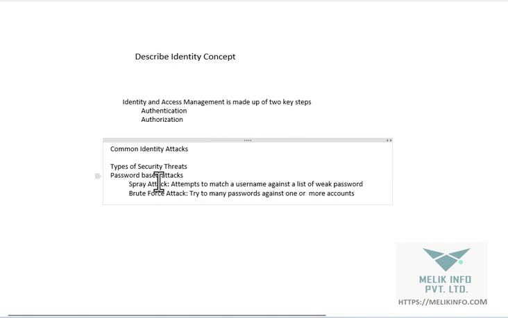We have password based attacks. Password based attacks can be a spray attack or a brute force attack. We have phishing. We have spear phishing.